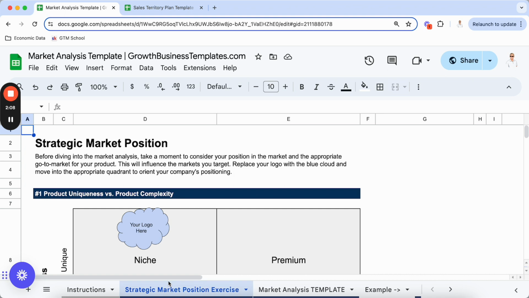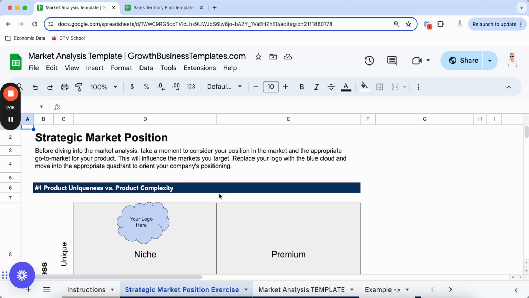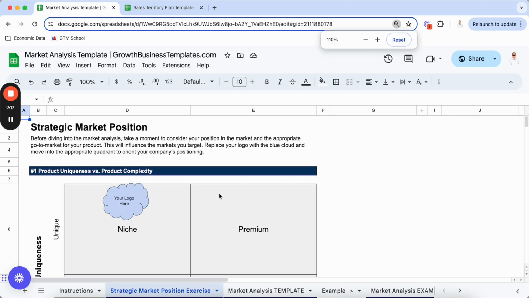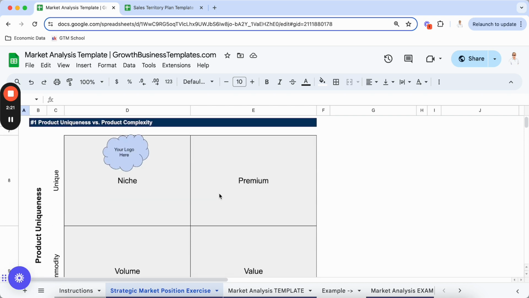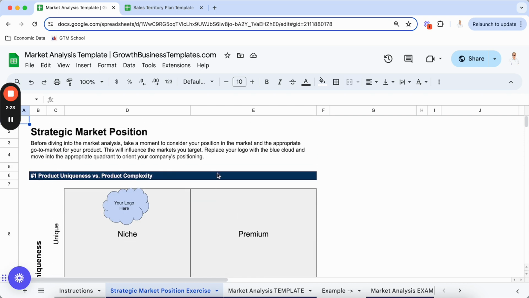Now, the first tab which I decided to include was this strategic market position tab, which you can go through to get an understanding of where you fall within the market that you operate. This is important to understand before you actually conduct an analysis.